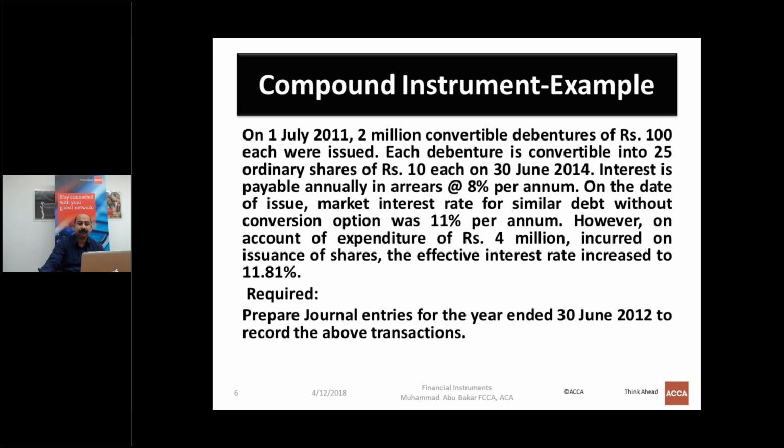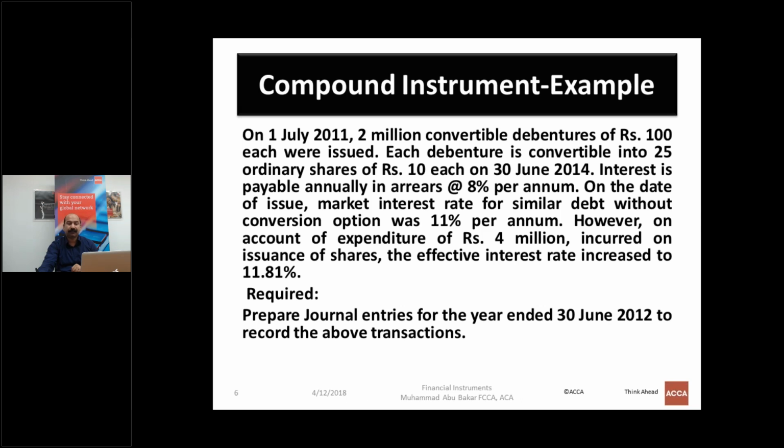See, the illustration is on 1st July 2011, 2 million convertible debentures of rupees 100 each were issued. Each debenture is convertible into 25 ordinary shares of rupees 10 each on 30th June 2014. Interest is payable annually in arrears at the rate of 8% per annum.